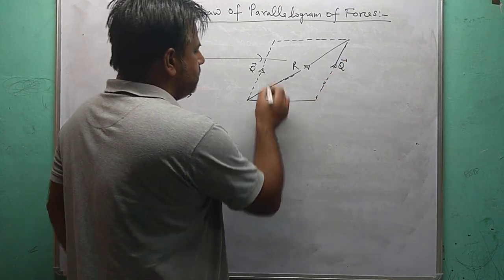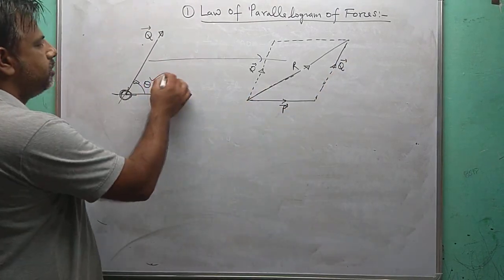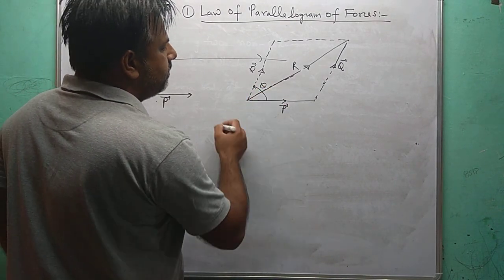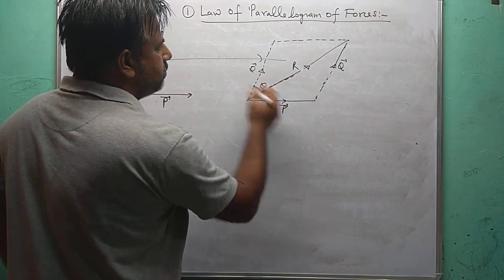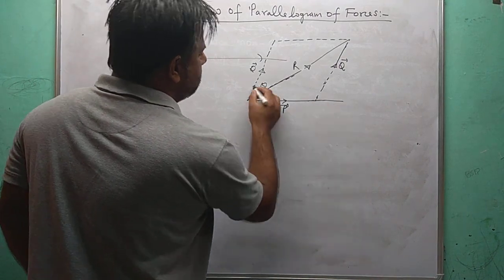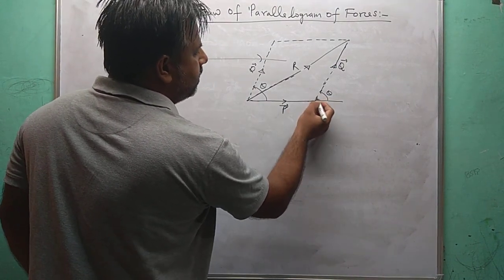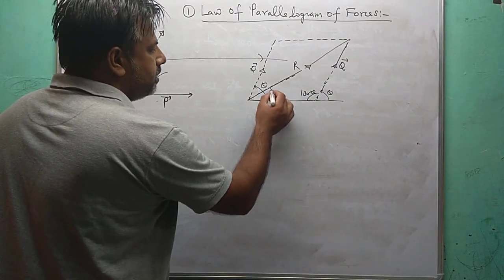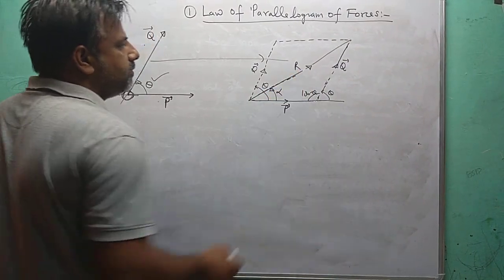Now suppose this is the angle between the two forces, theta, the angle between the P force and Q force. This is my theta angle. So this one is my 180 minus theta. Suppose this is the angle of the resultant force.